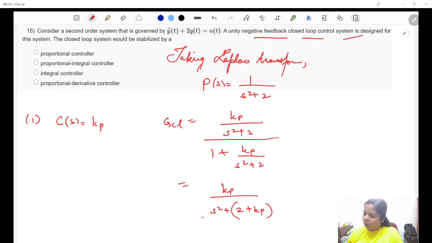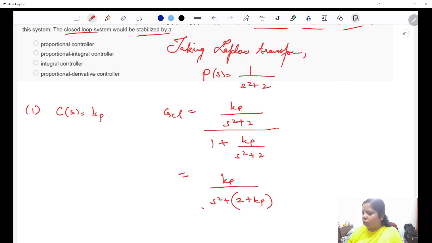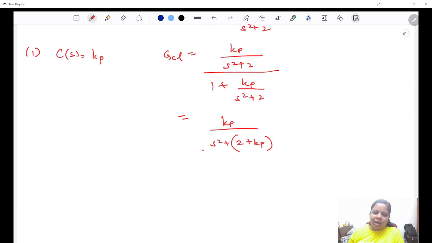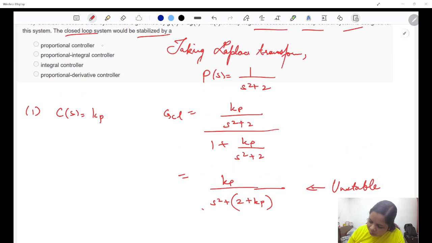Now, can you comment directly if the system is stable or not by looking at the characteristic equation for any value of Kp? System is unstable because the coefficient of S is 0. Very good. Since we do not have any coefficient of S present over here, this system is unstable. That is why we can directly say that a proportional controller won't stabilize my closed loop system.